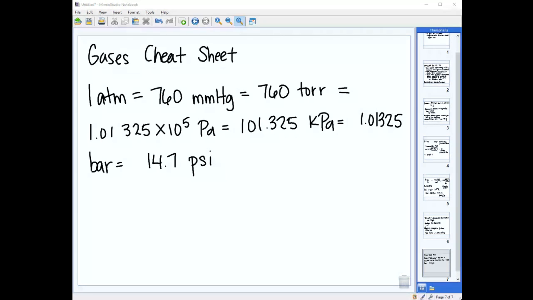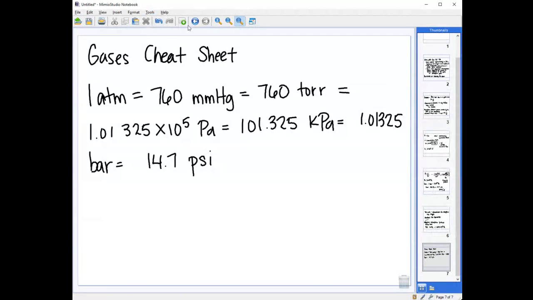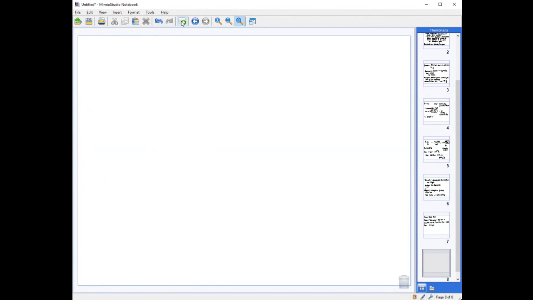Oh, okay, looks like you've gotten it. So let me go back here and let's just do a conversion. Go back to where you were taking your notes if you want to, and leave your gases cheat sheet alone. We're going to add some more to it. On page 402 there's a pressure of 745 torr, and it asks us to convert this to millimeters of mercury.